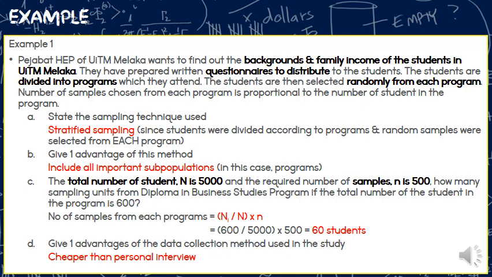Okay, sebelum kita tengok soalan pun sebenarnya, bila dia kata pejabat HEP wants to find out the background and family income. Okay, ini sebenarnya adalah your variables. Variables ini adalah characteristic under study. So, study yang HEP buat ni, nak tengok background student dengan family income student.